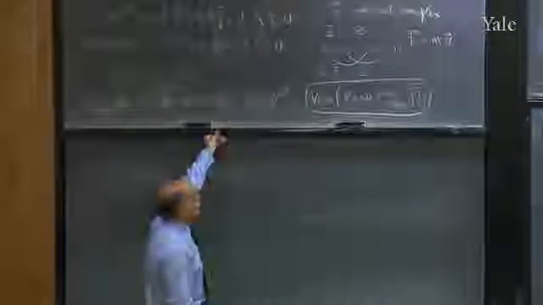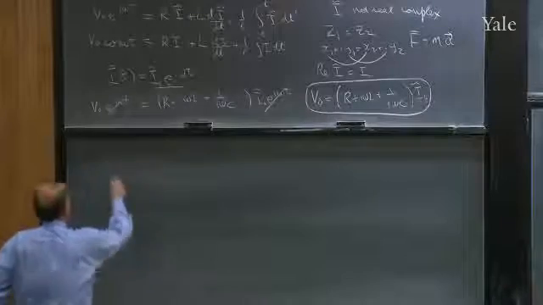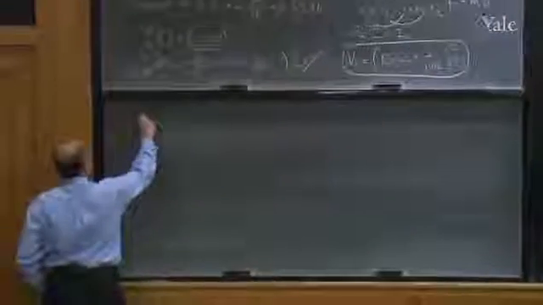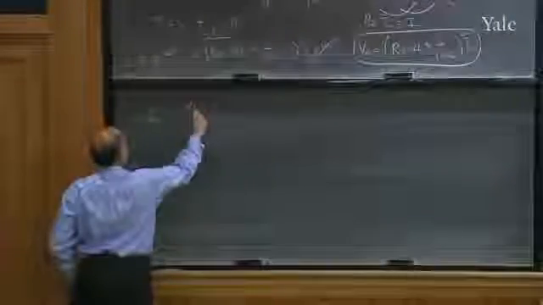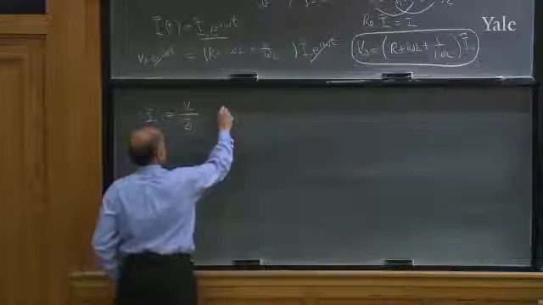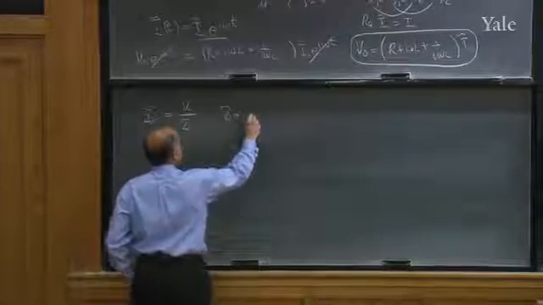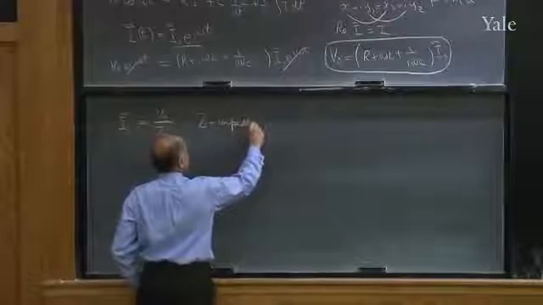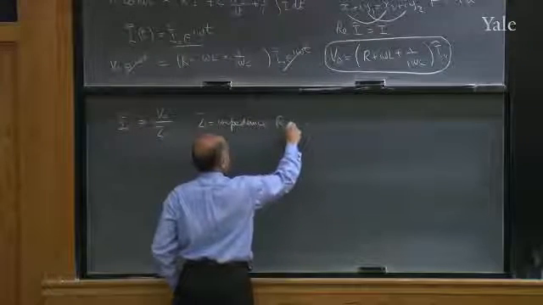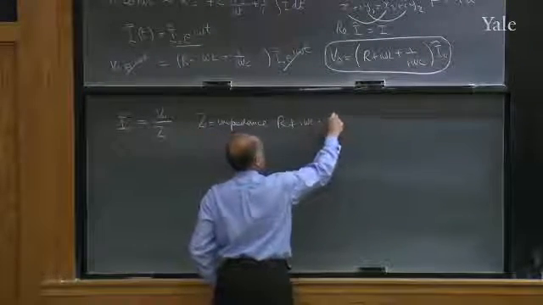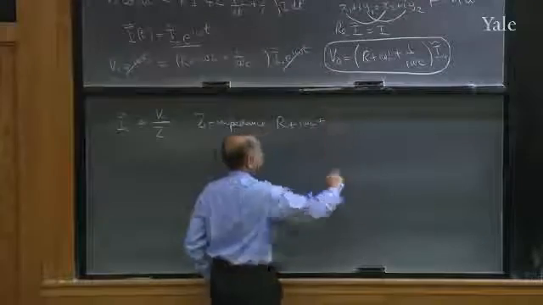And our goal was to find I0 twiddle. So I0 twiddle is equal to v0 divided by this complex number z. This complex number z is called the impedance. And it's equal to r plus i omega L plus 1 over i omega c for this problem.